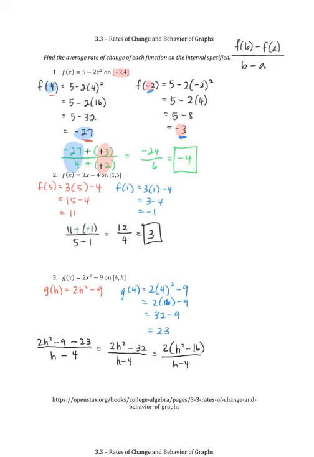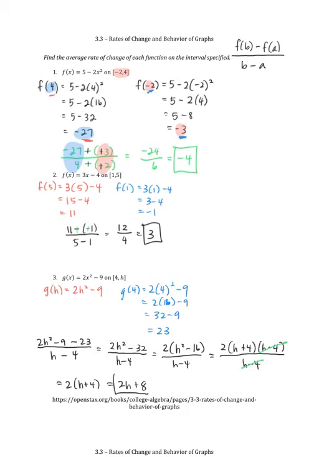And now h squared minus 16, that's a difference of squares. So I'm going to factor that into h plus 4 and h minus 4. And look what happens. The h minus 4s are going to cancel out. I have one on the bottom and one on the top. So that's going to leave me 2 times h plus 4, or you can give it as 2h plus 8.